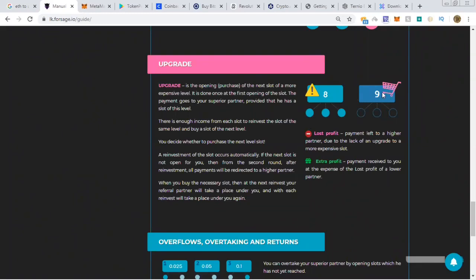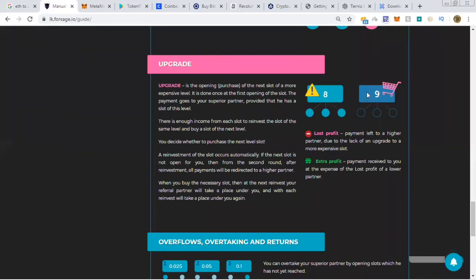If you don't upgrade before they do, then effectively you have no rights to be paid on that income slot. All right. So again, you can be overtaken if you haven't purchased the income slot, like for example, this number 9, before your referral does. All right. So definitely something important to note.